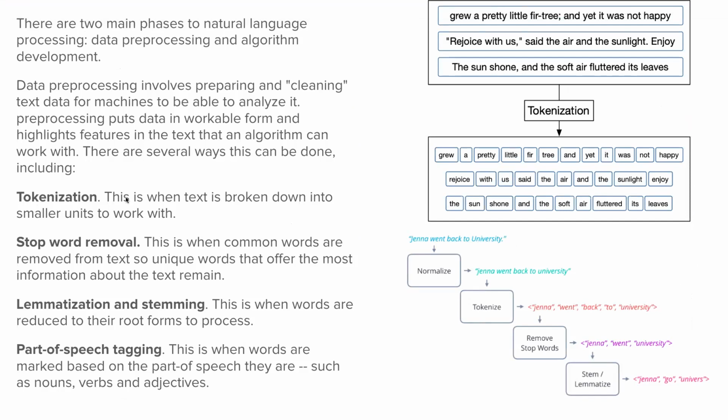A token is a quantified version of a text. So when you have a sentence like this: grew a pretty little fir tree, and yet it was not happy, rejoice with us. The tokenized version of this is basically every single word identified as a single token.